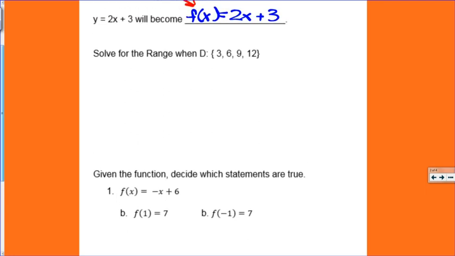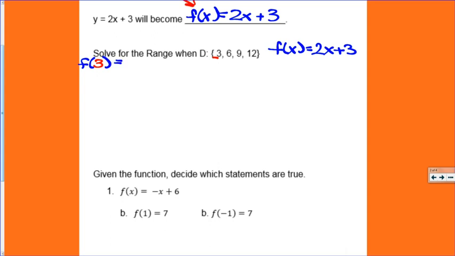So we're going to use our function f of x equals 2x plus 3, and solve for the range with the given domain. So we're going to take our first domain value and we're going to plug that value in for x.